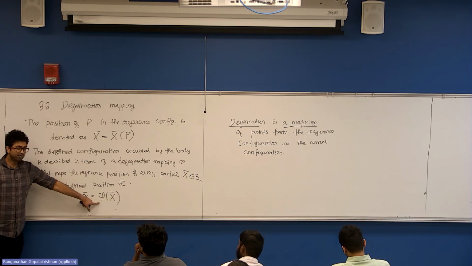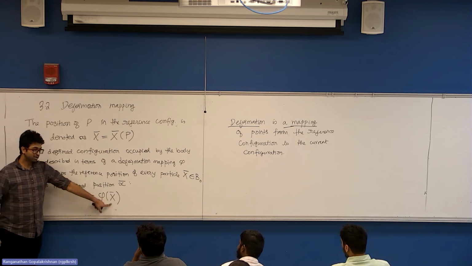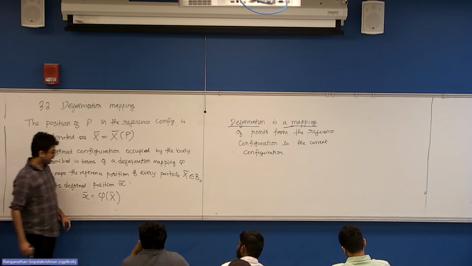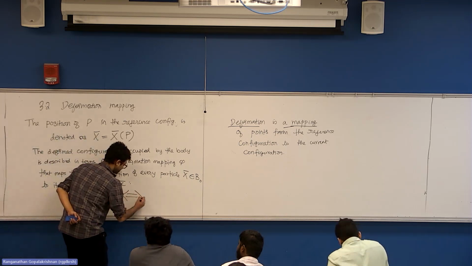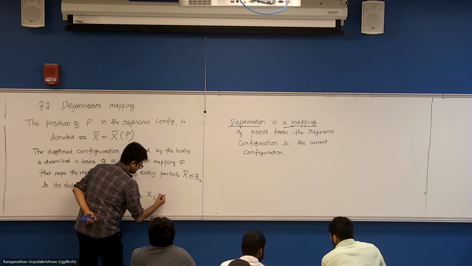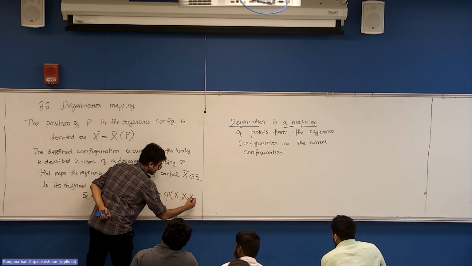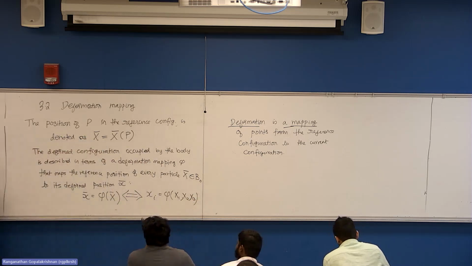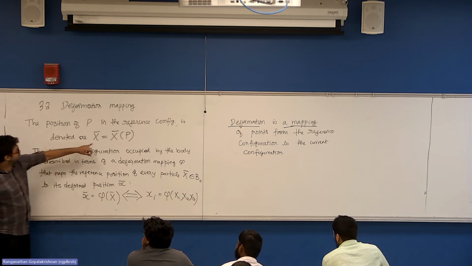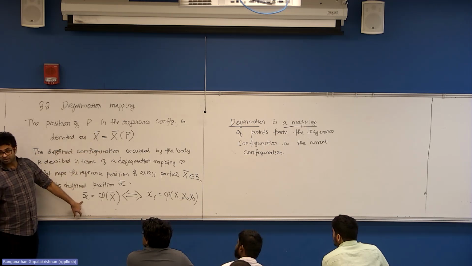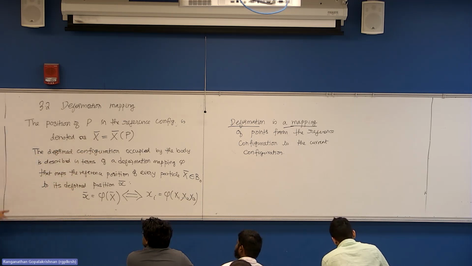That is, phi is a function which takes a vector as an input and gives a vector as an output. We can also write it as x_i equal to phi of X1, X2, X3, where X1, X2, X3 are the components of the reference vector uppercase X. It's going to be a little confusing in the beginning, but always remember uppercase means reference, lowercase means deformed or current. You'll get used to it.